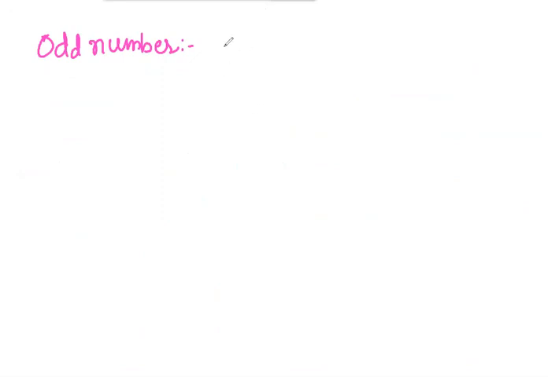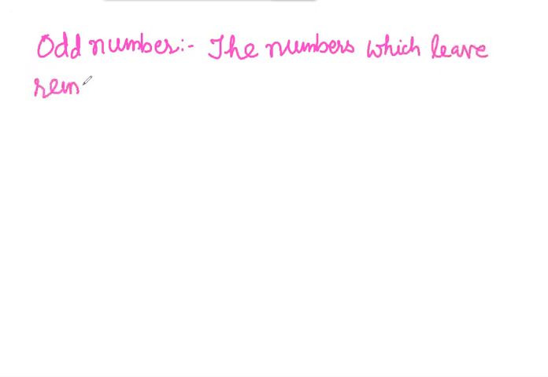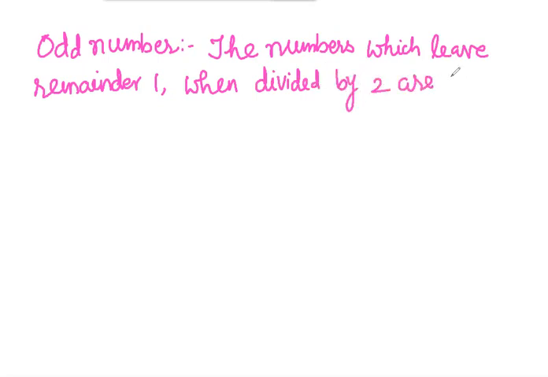Otherwise, you can write it like this: the numbers which leave remainder 1 when divided by 2 are called odd numbers. The numbers which leave remainder 1 when divided by 2 are called odd numbers.